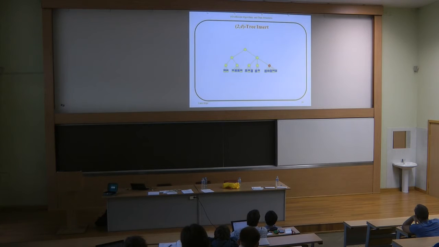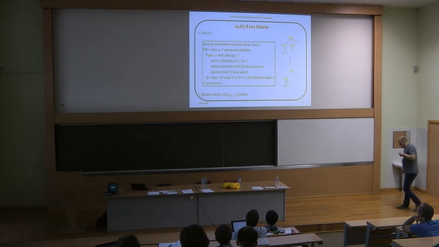That doesn't work, so I split it into 2. The parent now up here got 1 extra, but it's okay, so I'm done. That was so cool, let's do it again. I split it into 2, the parent gets too many. I split it into 2, its parent is okay. At most it travels up one path.